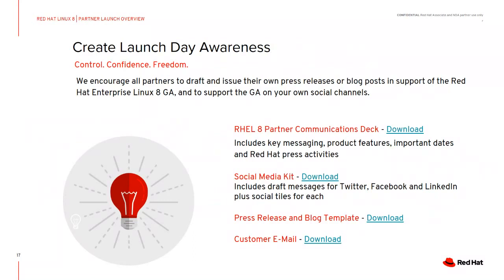So log into the partner portal and in the social media kit option, you can download the default draft messages. So you can put only your logos, your details, and send it to your customers. Or you can attach with the social media package. So press release and blog templates, again you can download, and customer email, that's mainly for email campaigners.